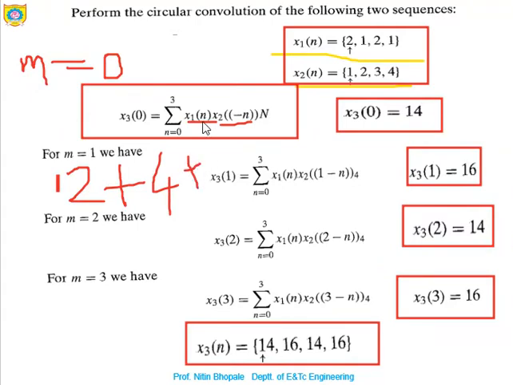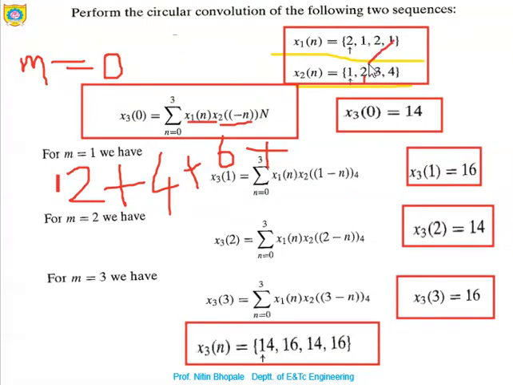Similarly, x1 of 2 is 2. So 2 into x2 of minus 2 mod 4, which is 2, so it is 3. So 2 into 3 is 6, so it results in a value 6, plus the final value for x1 of 3, which is 1 into x2 of 3 minus 3 mod 4, so it results in a value 1.